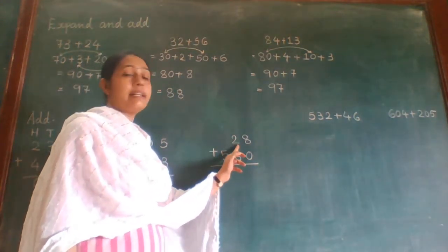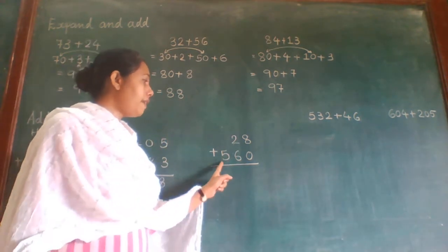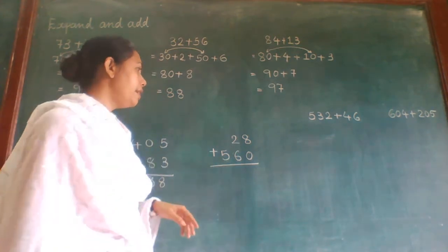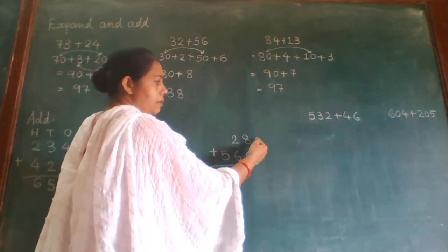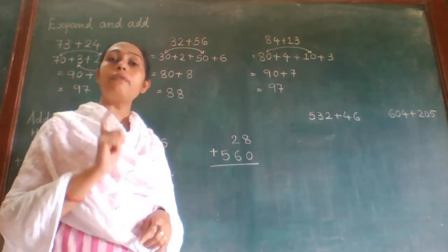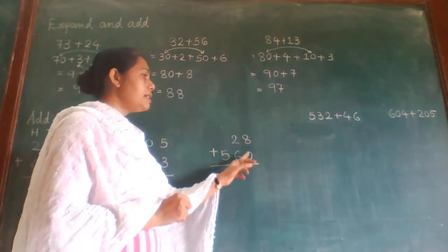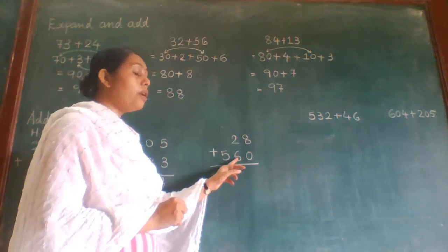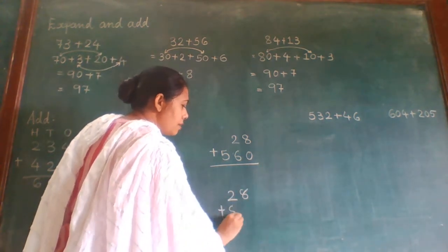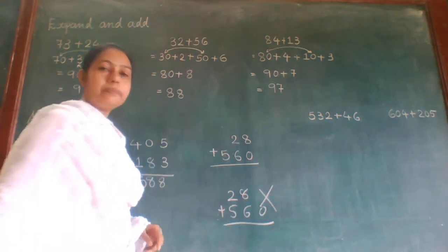Now 28 plus 560. 28 means fully 2-digit number, and 560 is a 3-digit number. Okay, so here one number is with 2 digits and another number is with 3 digits. But when we write, always write ones below ones, tens below tens. If you write this way, 28 plus 560, this is wrong.